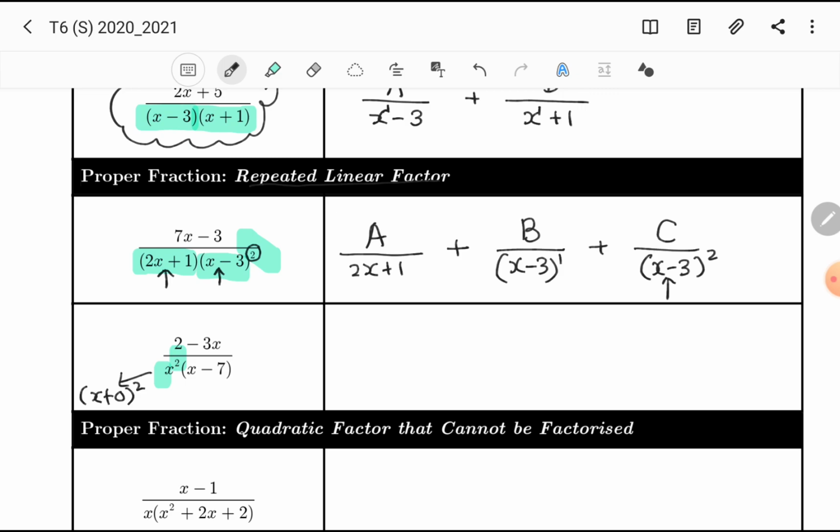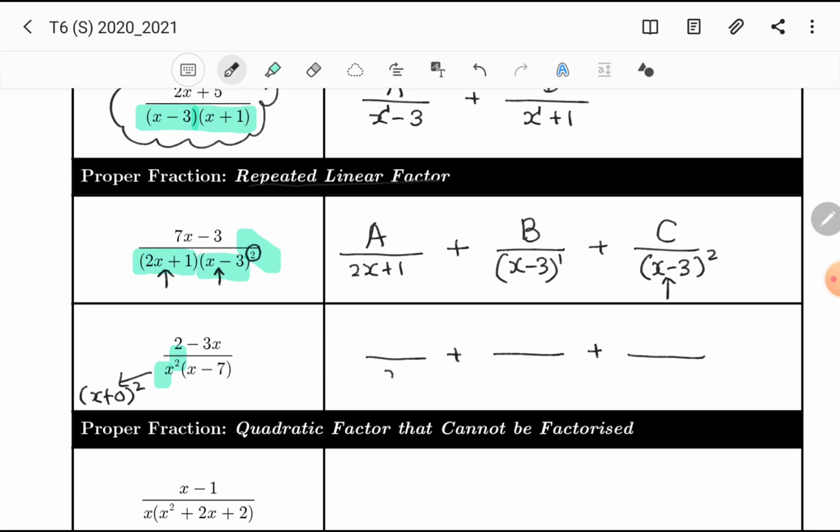Nampak macam kuadratik but we still can use linear. And as I told you just now, kita wajib guna linear. Nah? Okay. Meaning that kita akan pecahkan the big fraction into how many? How many fraction? Yes, into 3 small fractions.